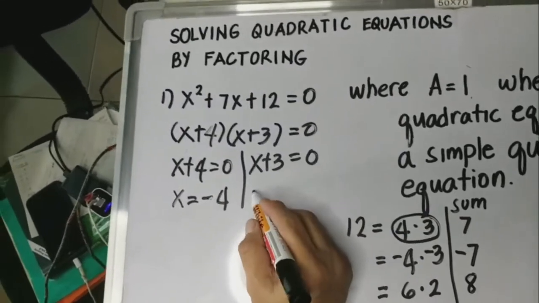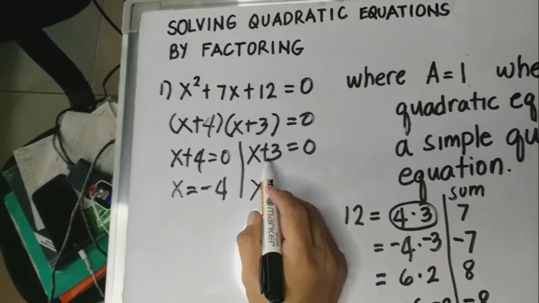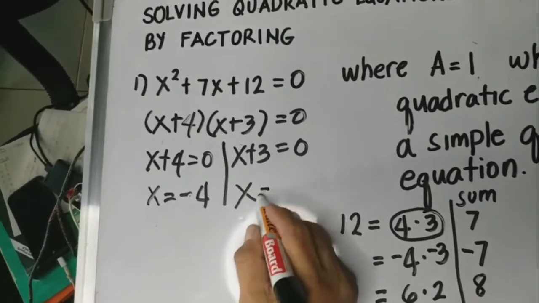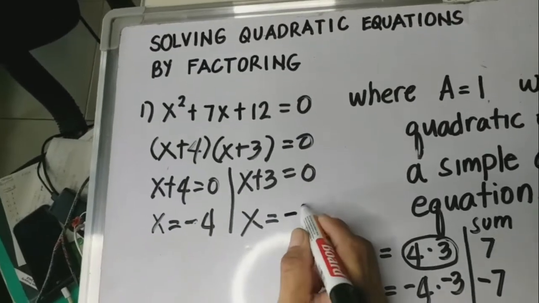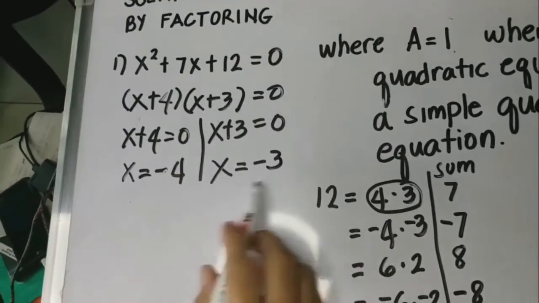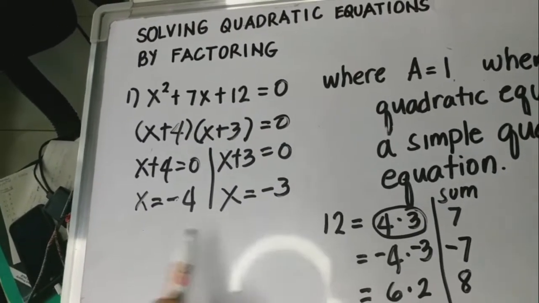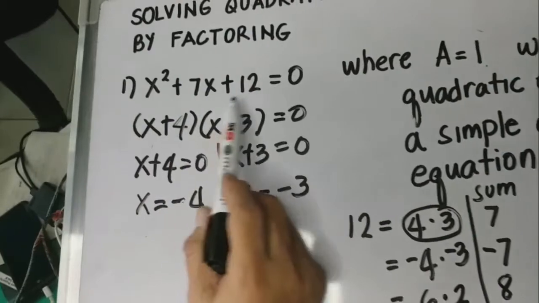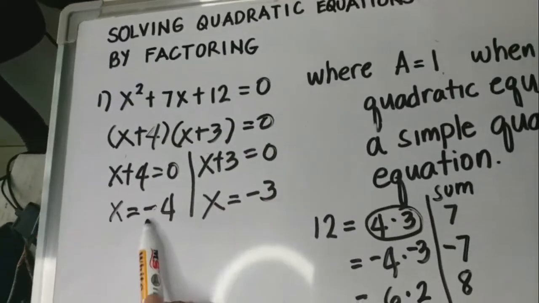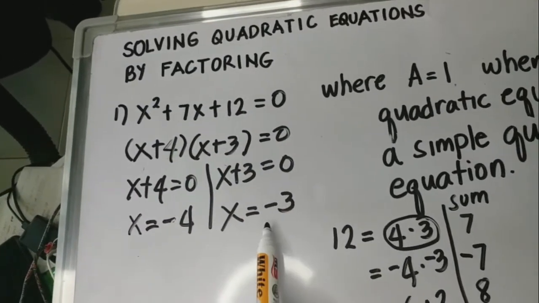Another one, positive 3 crosses the equal sign, then it becomes negative 3. So these are now the roots of the quadratic equation x squared plus 7x plus 12 equals 0. These are the roots or the solutions.